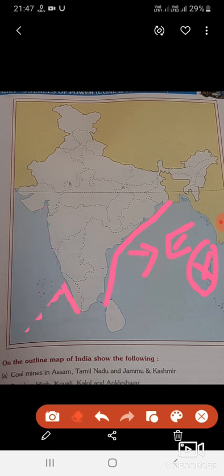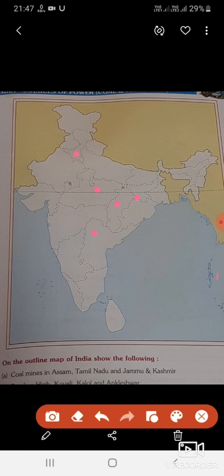Now next, third question, name the states which do not have an international border or a coastline. Neither do they have an international border, nor do they have a coastline. Punjab has a border. The ones which do not have are Haryana, Madhya Pradesh, Jharkhand, Chhattisgarh, Telangana.